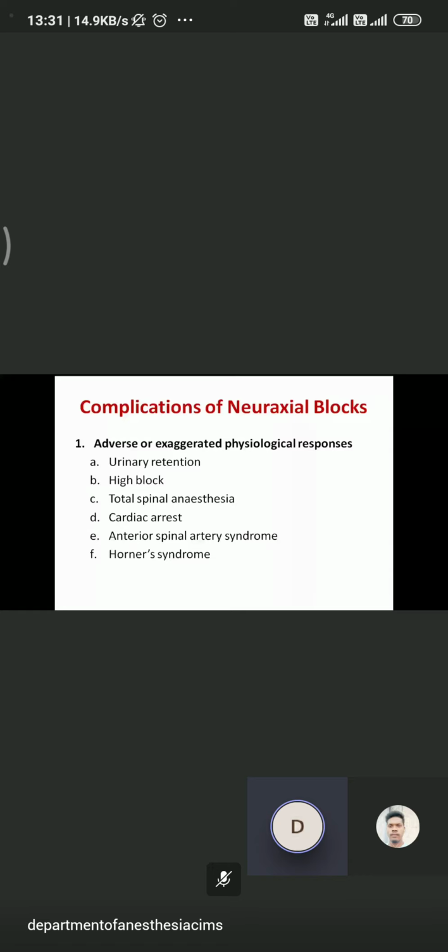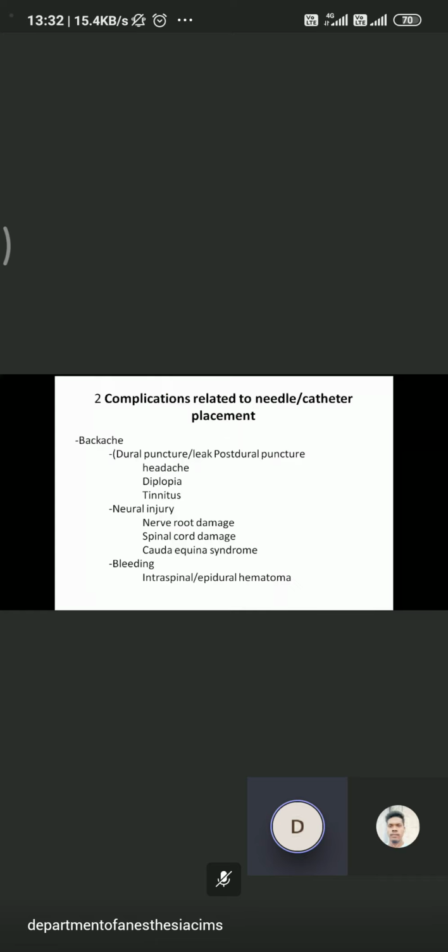Complications related to needle and catheter placement, because we are discussing the complications of neuraxial blockade, not only spinal anesthesia. There will be backache because of local trauma in the tissues. Neural injury may occur, with nerve root damage if you are giving spinal anesthesia at a higher level and directly injuring the spinal cord.